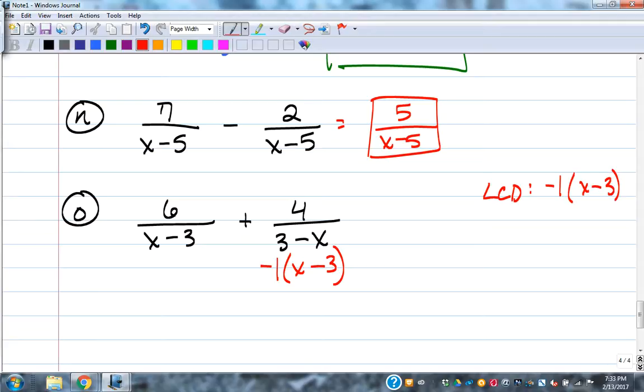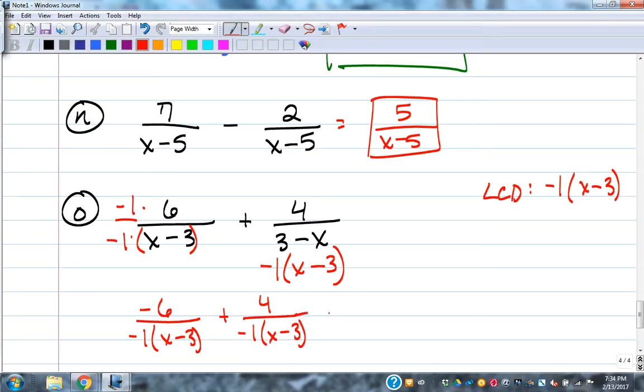So the first fraction needs what part? The negative 1. So I'm going to multiply bottom and top by negative 1. That's going to be negative 6 in the factored form on the bottom. I didn't change anything in the second one because it already had the stuff.